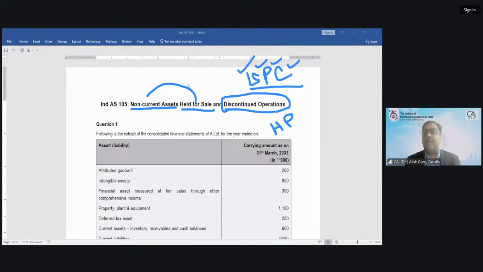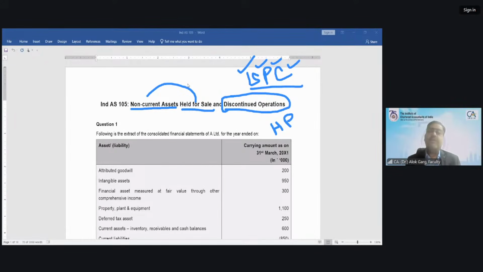Last, it is unlikely that the sale plan will change. Friends, these are the conditions to establish that this item has to be classified as held for sale.